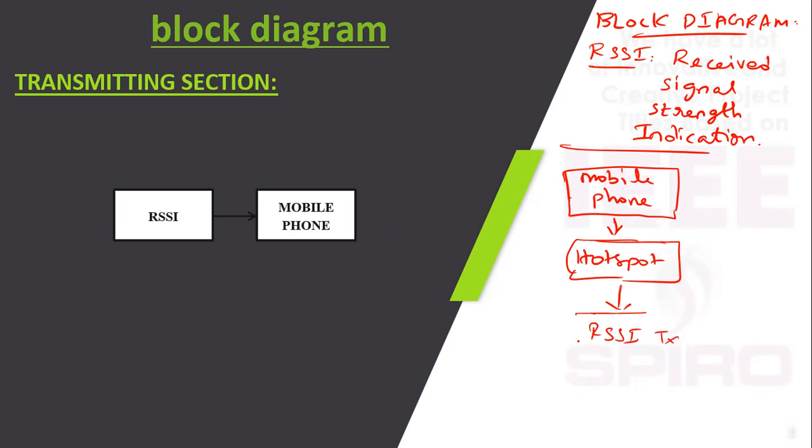If the signal strength is weak, there is no human nearby the restricted area. If the signal strength is high, there is a human nearby the restricted area. So this is the transmitter part.